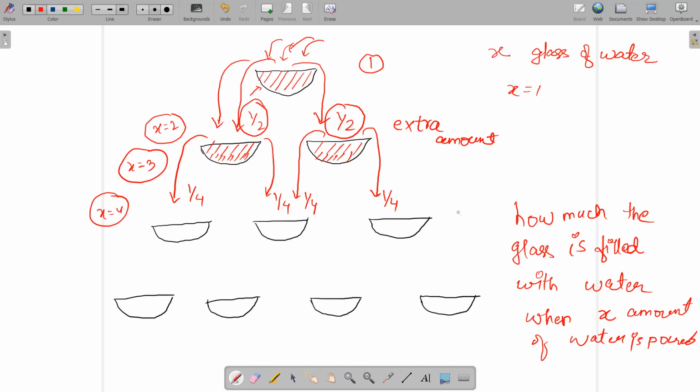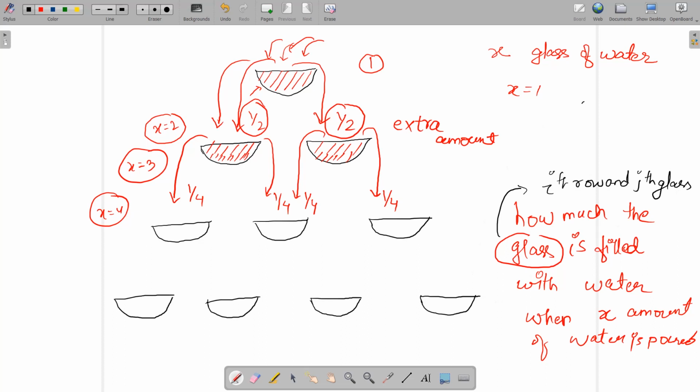We are talking about any random glass, let's say the one present in the ith row and jth glass.